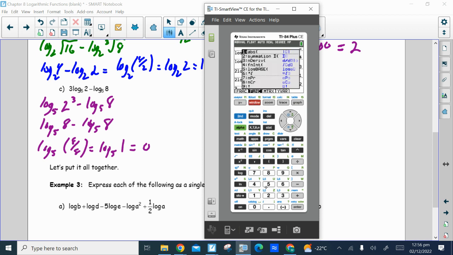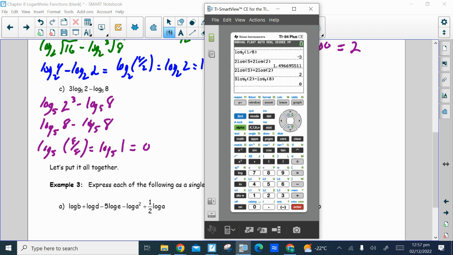In this case, the bases are not 10, so I need to use the log function to do 3 times log base 5 of 2, take away log base 5 of 8. Try that again. Three log base 5 of 2, take away log base 5 of 8.